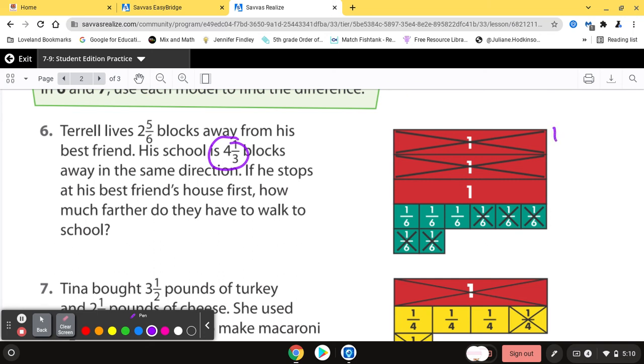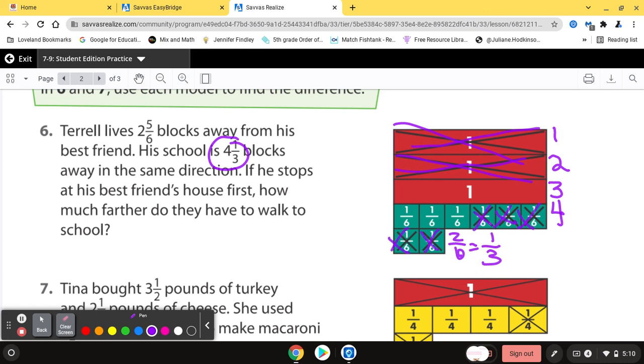So that 4 and 1/3 represents the total amount of blocks away. This is going to be 1 whole, 2 whole, 3 whole, 4 whole, and then this represents 2/6, which is equivalent to our 1/3. And Terrell lives 2 and 5/6 blocks away from his best friend. So I'm essentially subtracting, or taking away, 2 whole and then 5/6: 1, 2, 3, 4, 5.